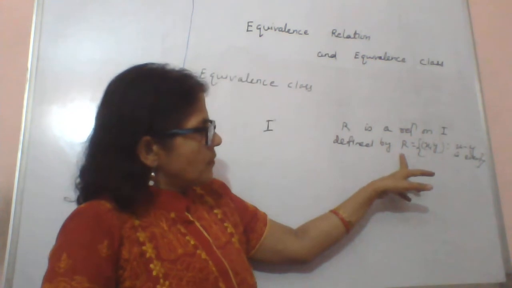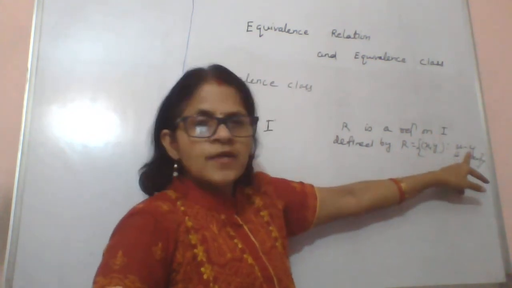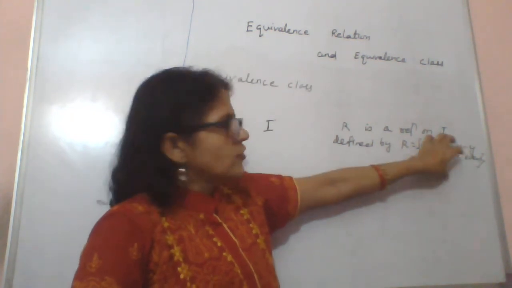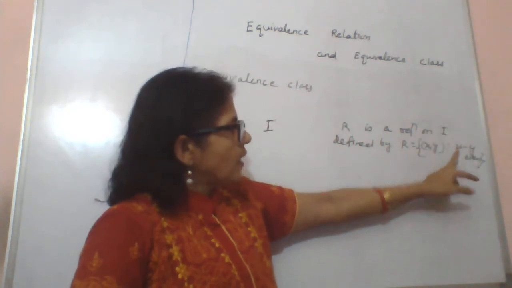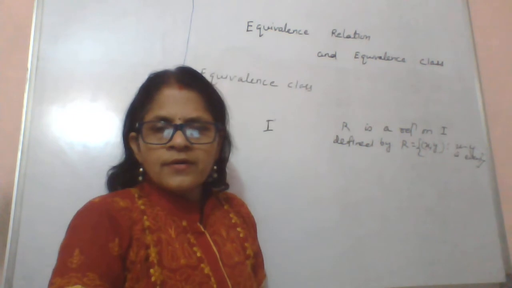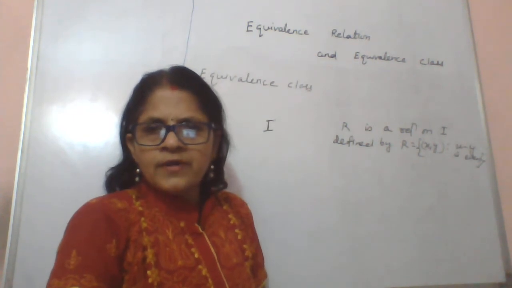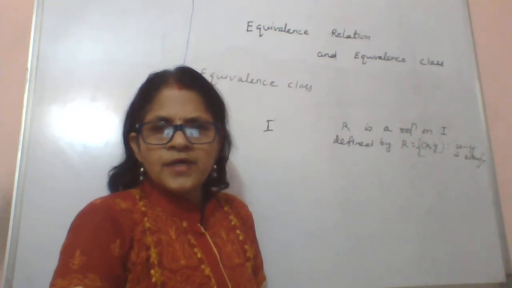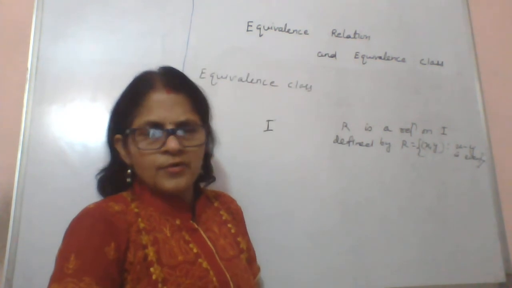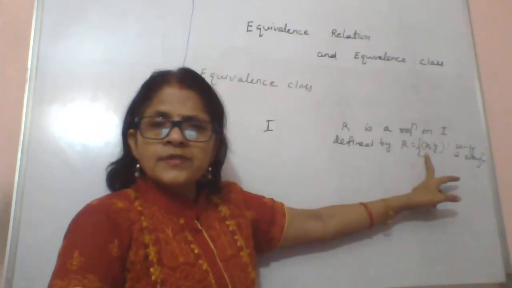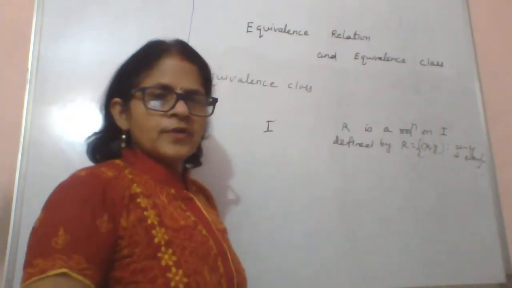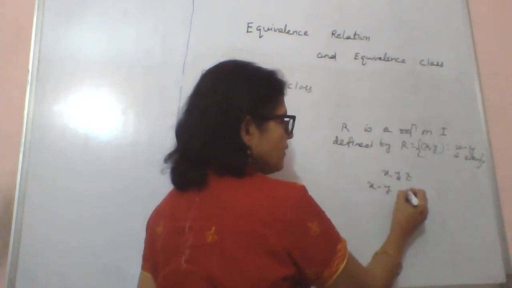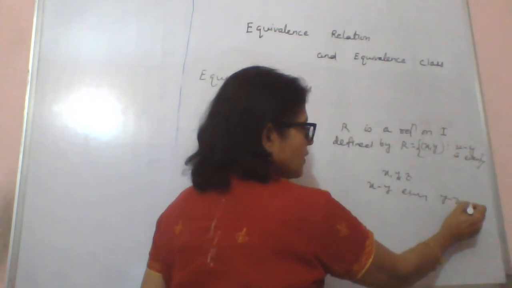Okay, so we can very easily check whether the relation is reflexive, symmetric, transitive or not. So here if you observe, x minus x is 0, 0 is divisible by 2, means 0 is an even number. So the relation is reflexive. Similarly, if x minus y is even, this implies y minus x is also even, right? When 2 is an even number, minus 2 is an even number also. So the relation is symmetric. And if I take 3 numbers, x, y, z, so x minus y is even, y minus z is even.